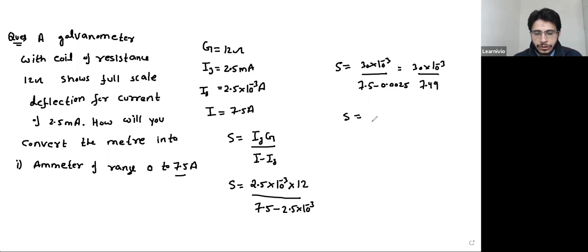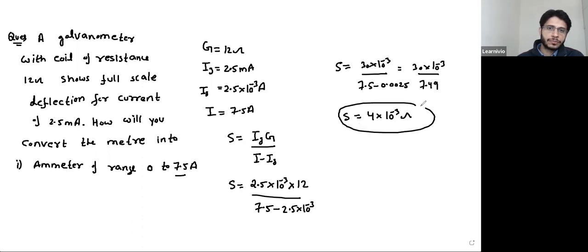So your shunt resistance is 30 divided by 7.49, which comes out to be 4 into 10 raised to the power minus 3. So to convert this galvanometer into an ammeter, you need to connect a shunt resistance of this value.